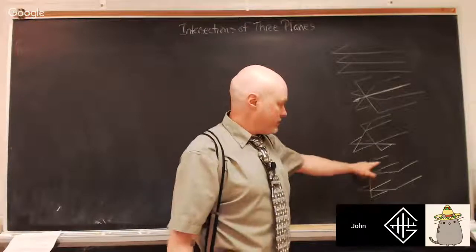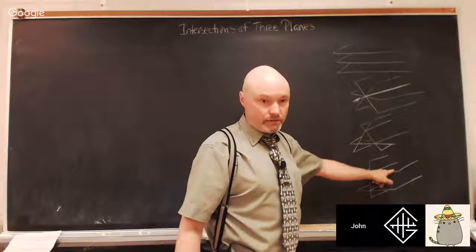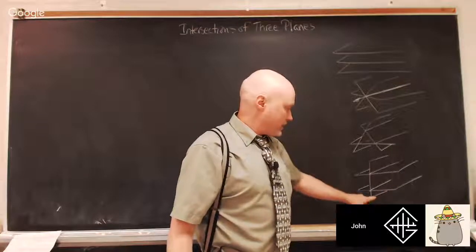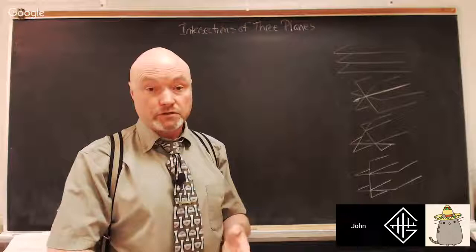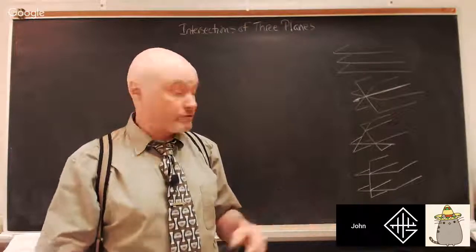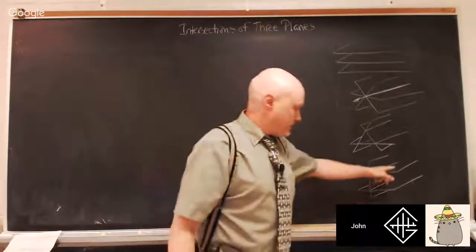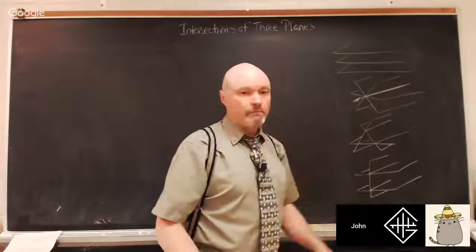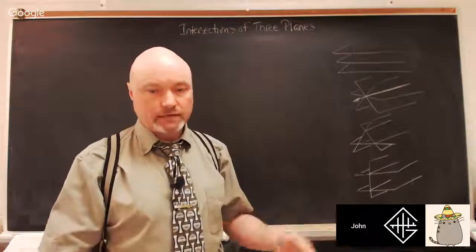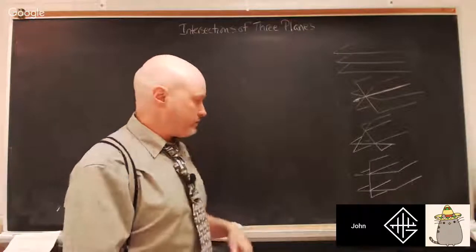We have a solution to this plane and this plane. We also have a solution to this plane and this plane. Either of those solutions is a line, which I could find a parametric solution to, but there is not a solution to this plane up here and this plane. They're parallel, they don't intersect. I'm not going to get a solution.